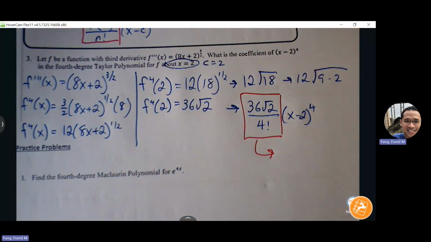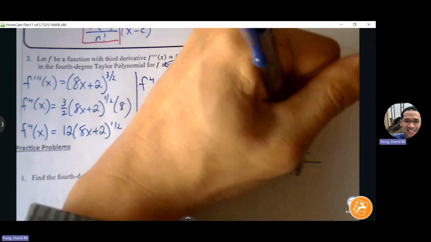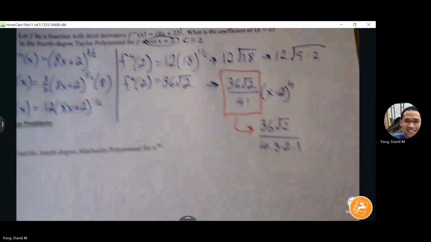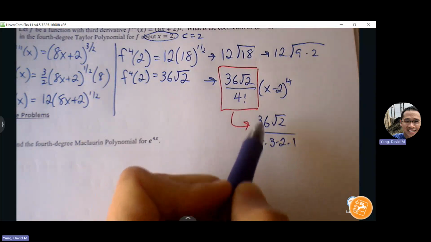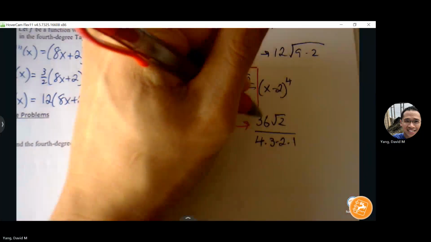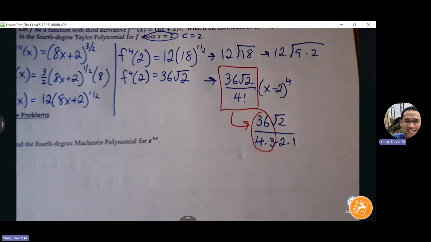I'm going to clean this up as much as I can here. So 36 root 2, 4 factorial, same thing as 4 times 3 times 2 times 1. If I reduce that, 36 divided by 12 will give me 3, right? So 3 root 2 divided by 2.